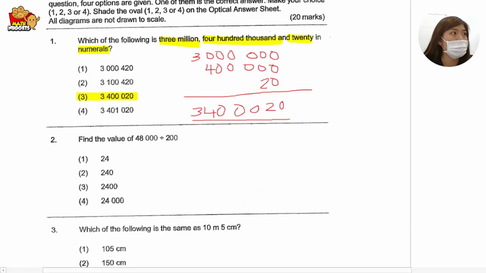The next question, find the value of 48,000 divided by 200. Let's do the same thing. 48,000 divided by 200.